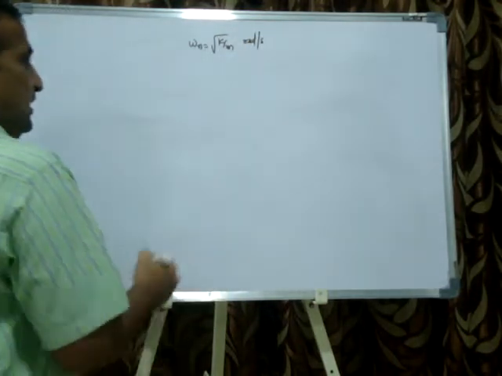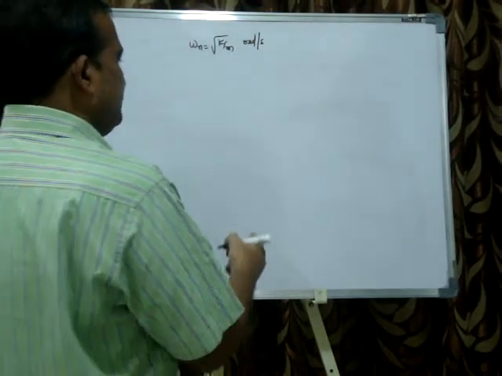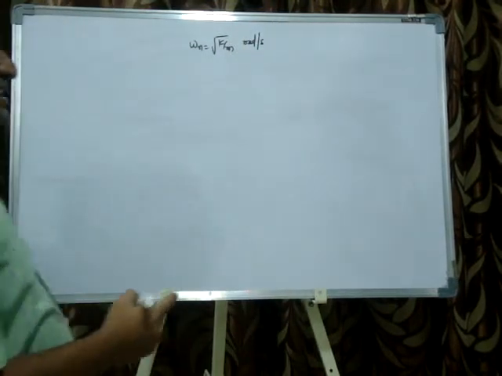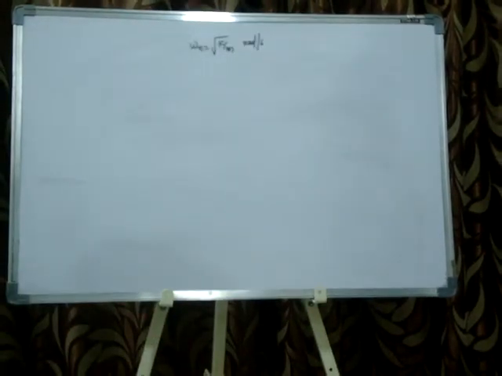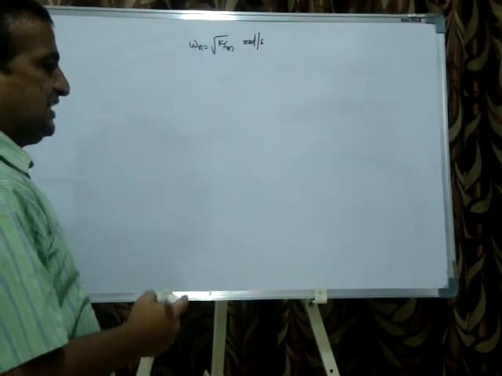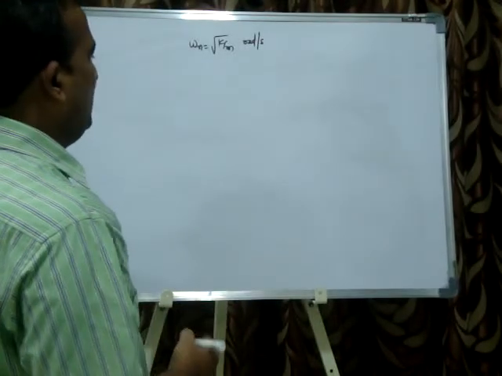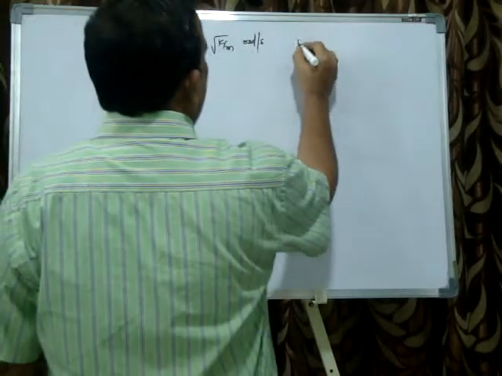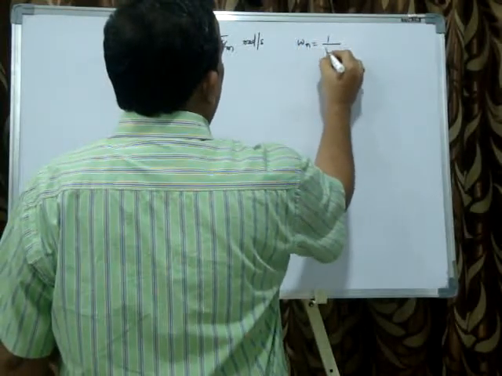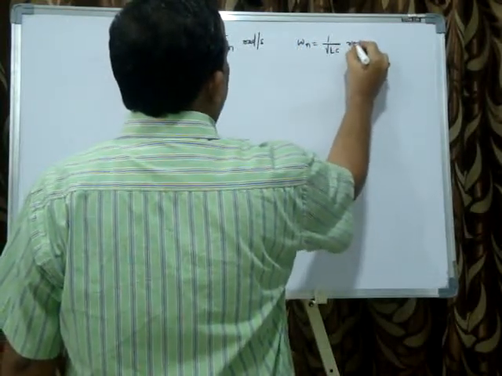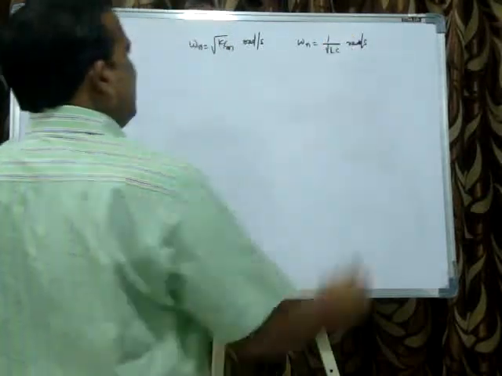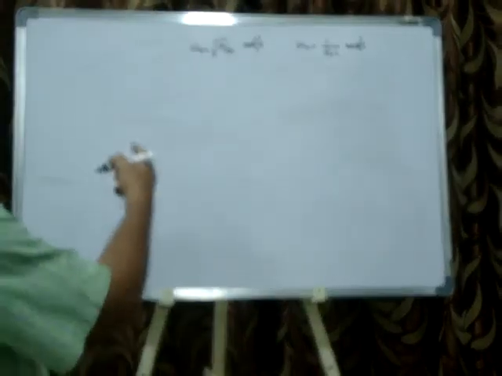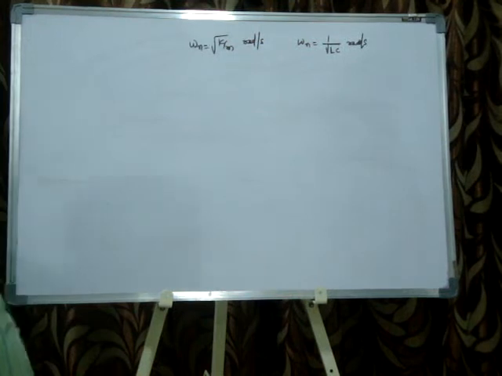But in the electrical system you have seen LC S square plus RC S plus 1, so omega n is equal to 1 by root of LC radian per second. This is to find the natural frequency of the RLC circuit, and of the spring mass system.